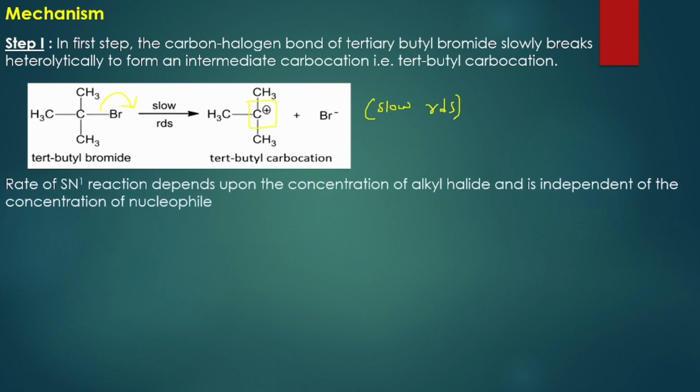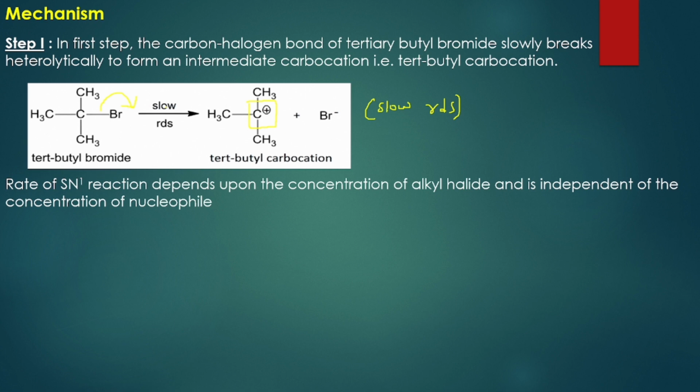Now step 2. In this reaction, you see the rate of the SN1 reaction. Tell me, in the above reaction, is there any presence of nucleophile? Is the nucleophile determining the speed of the reaction here? No, sir.